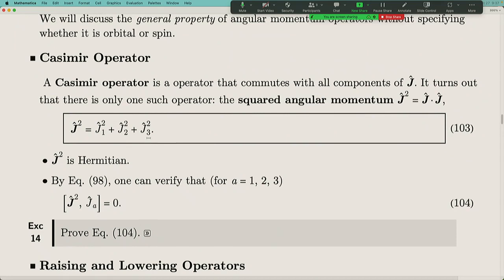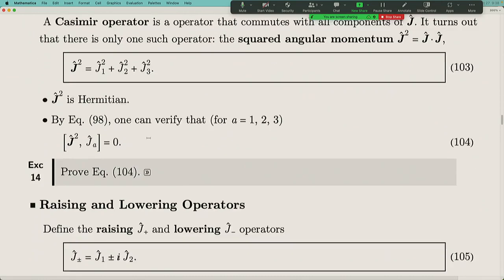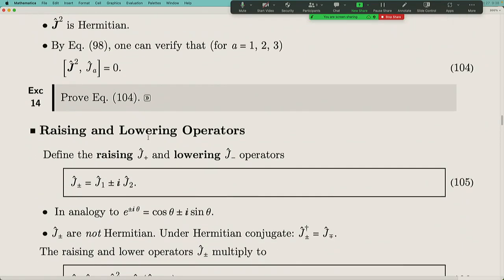Whenever we say an operator is a Casimir operator, it commutes with all the components of J. J^2 is the simplest Casimir operator. Of course, J^4 is also a Casimir operator because it also commutes with all the components of J, right? But let's stick to J^2.